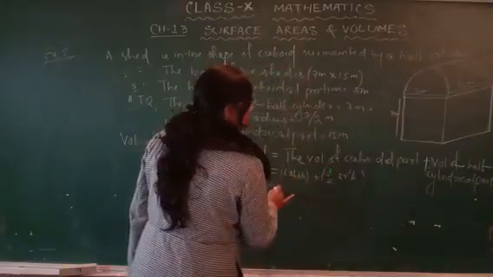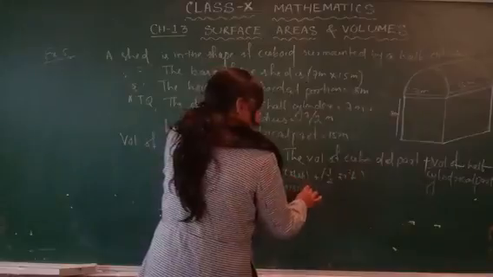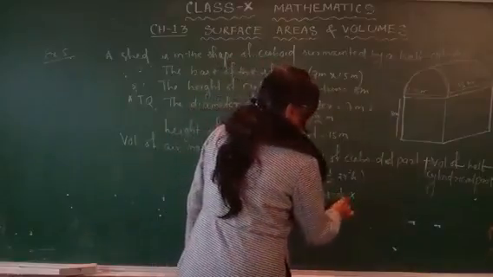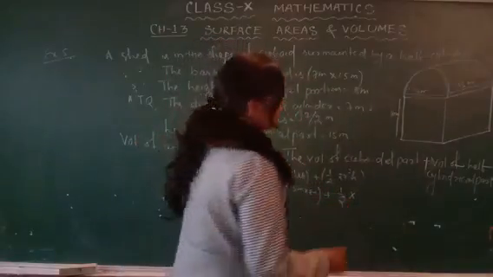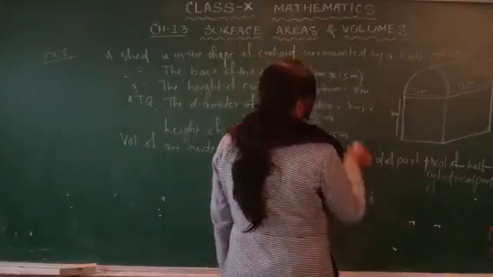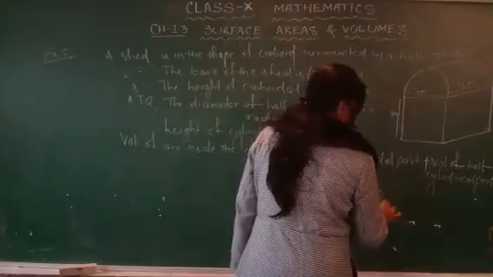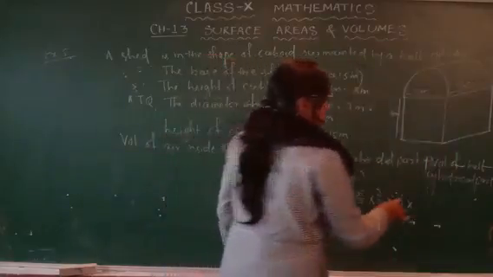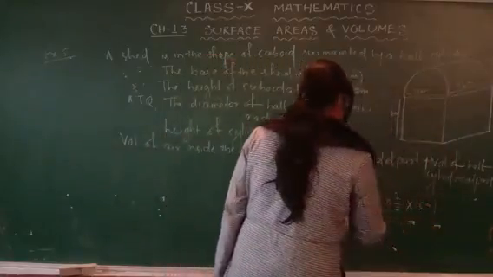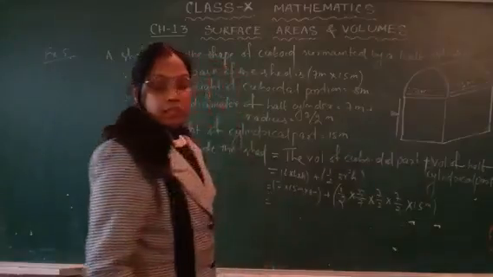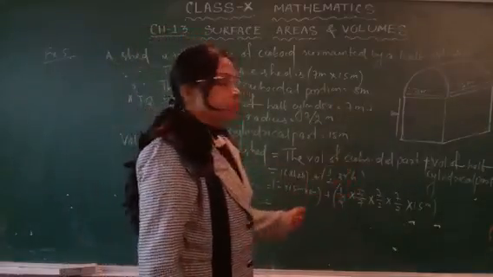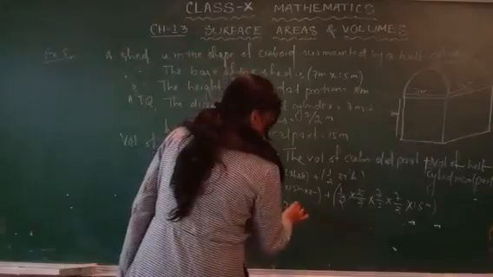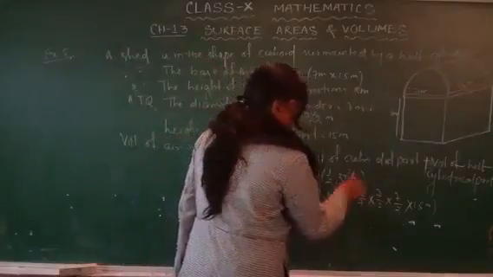So that is equal to how much? 7 meter into 15 meter into 8 meter plus half into pi, which is given as 22 upon 7, into r, which is 7 upon 2, into 7 upon 2, into h, the height of the cylindrical part, that is 15. So when we calculate the total, it will be 1128.75 meter cube.